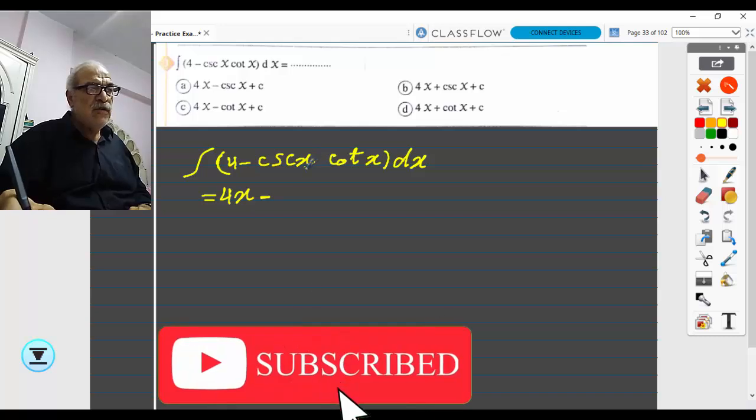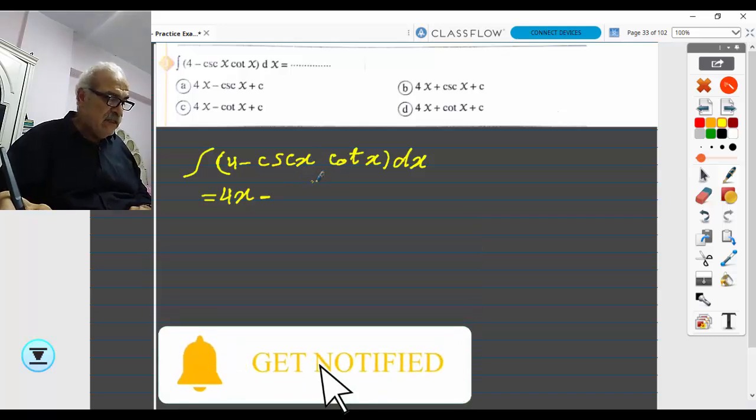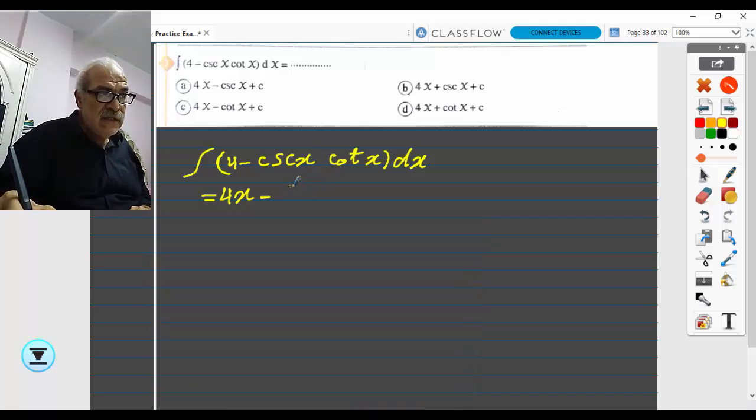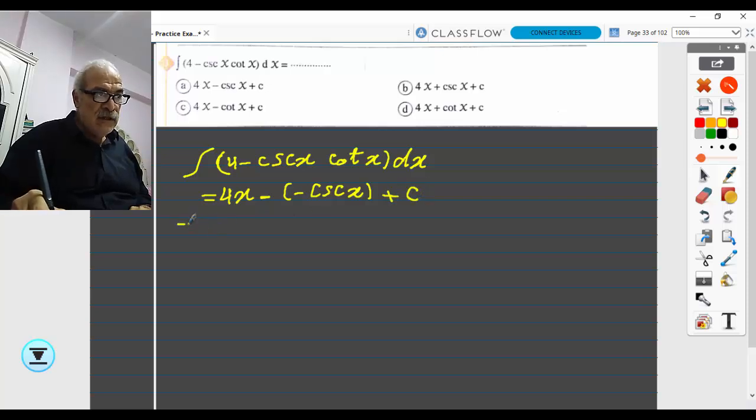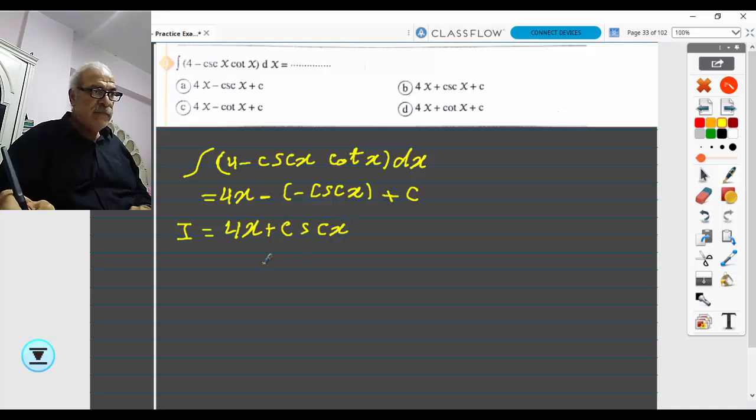The integration of cosec x cotan x is negative cosec x plus c. So the integration equals 4x plus cosec x, of course, plus c.